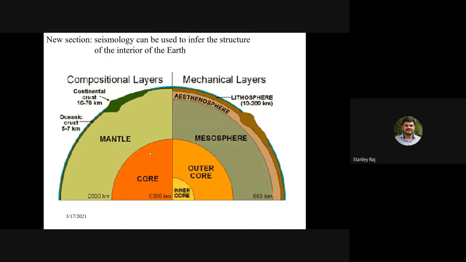Under these rocks, the aquifers and the groundwater, all the waters will be available in this lithospheric region. Then the asthenosphere, the layer below the lithosphere, and the mesosphere, and the core: the outer core and the inner core. The kilometer scale determines the depth from the top surface to the inner depth, how much distance there is.